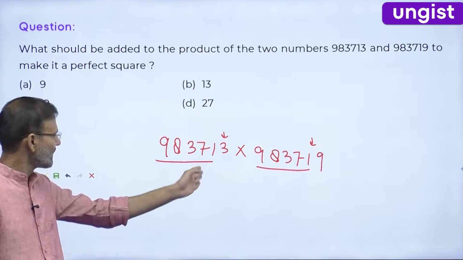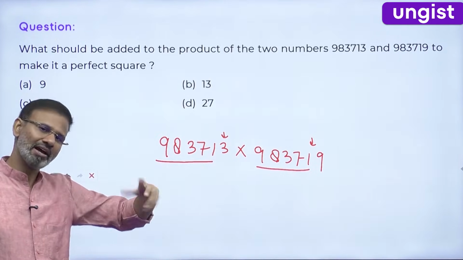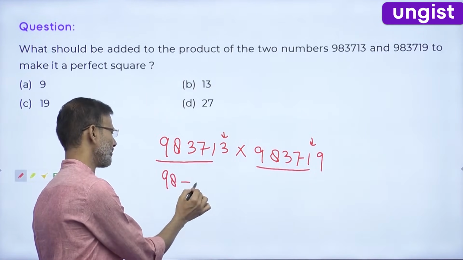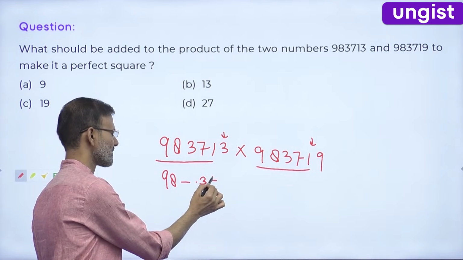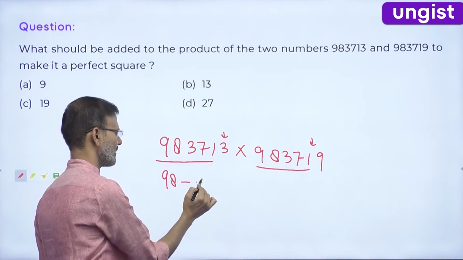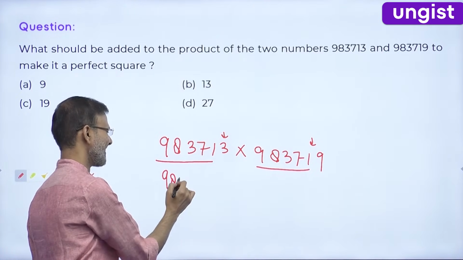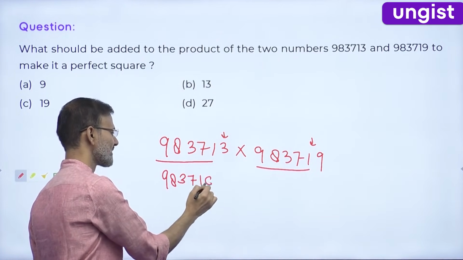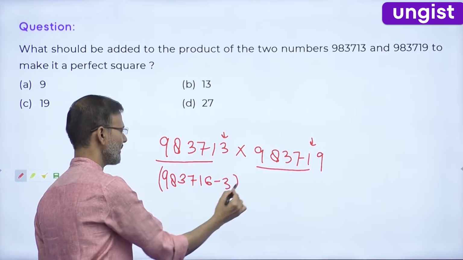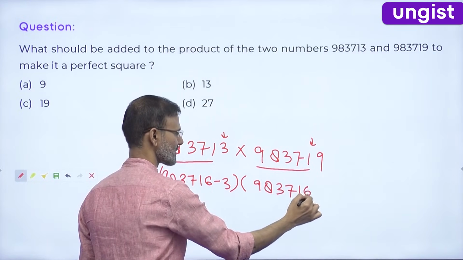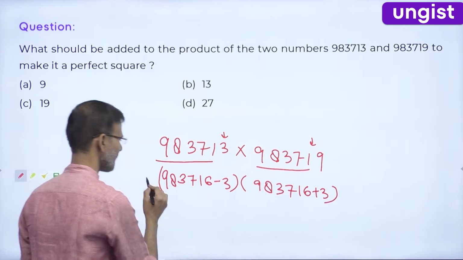The 6 at the unit will be the average, right? So this is 98 जो भी लिखा हुआ है 3 minus, sorry. यार मैं पूरा लिख देता हूँ नहीं तो गड़बड़ हो रहा है. 983,716 minus 3 into 983,716 plus 3. Correct, everybody?